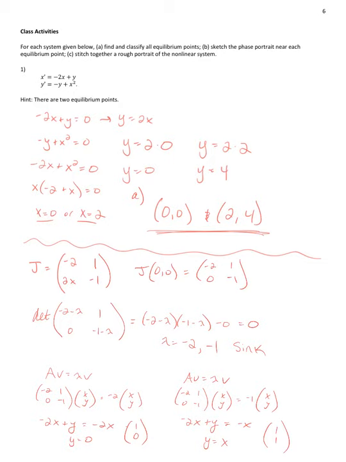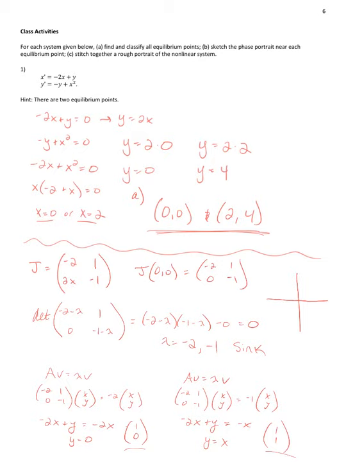So I now have all the information I need to sketch a phase portrait around the point (0, 0). When I'm close to the point (0, 0), I've got my straight lines, and I know that it's going to be a sink. So let's see, I'll do a really tiny sketch right here since I'm running out of room.